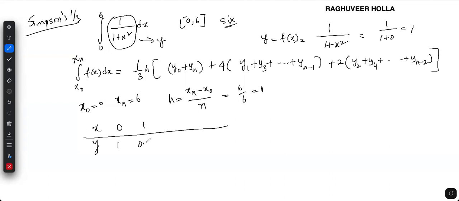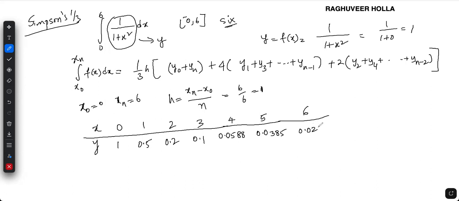For 1, it is 0.5; for 2, it is 0.2; for 3, 0.1; for 4, 0.0588; for 5, 0.0385; and for 6, it is 0.027.